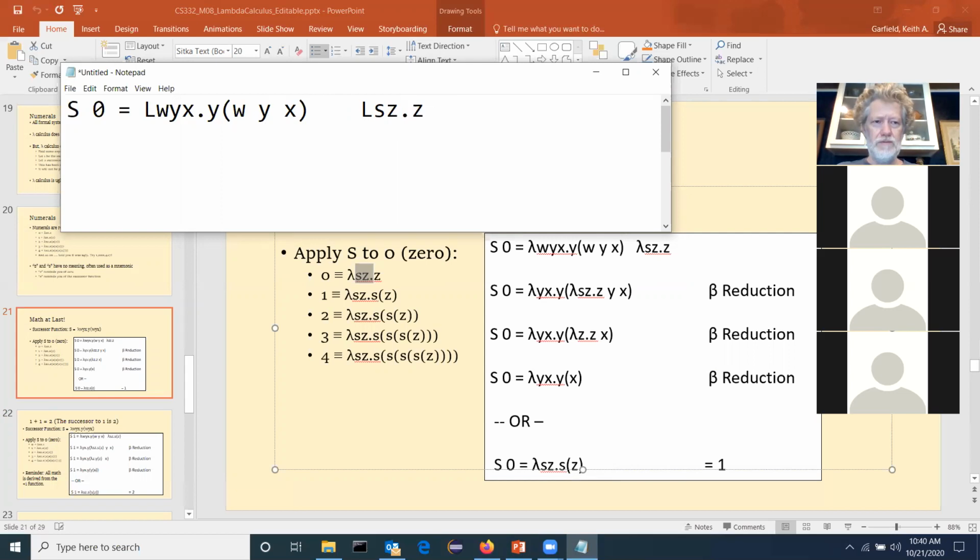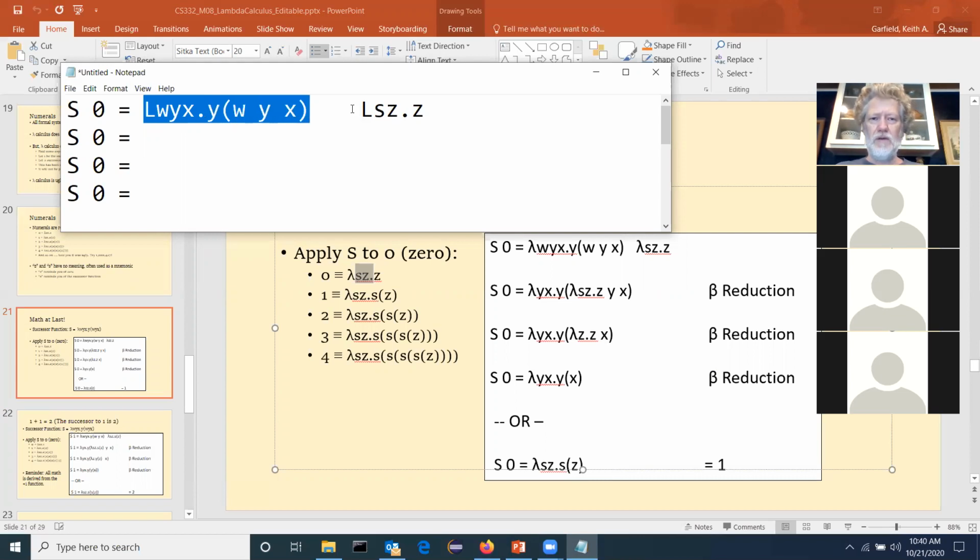Which means, if you follow along, then I have a function applied to an argument. And the first thing we're going to substitute in therefore is the y. So what do I get? I get the w.